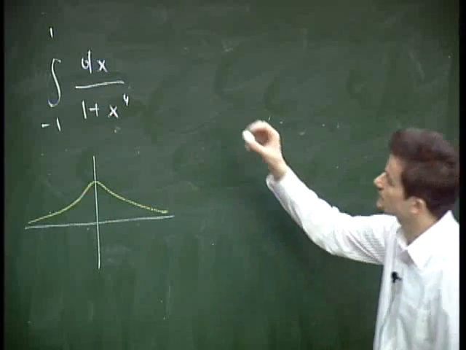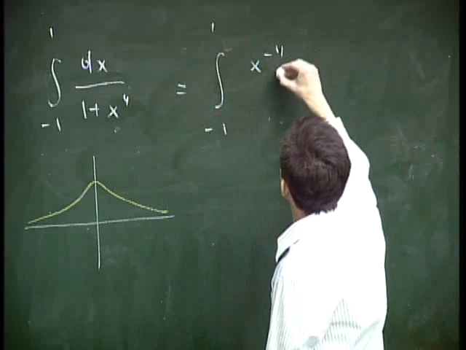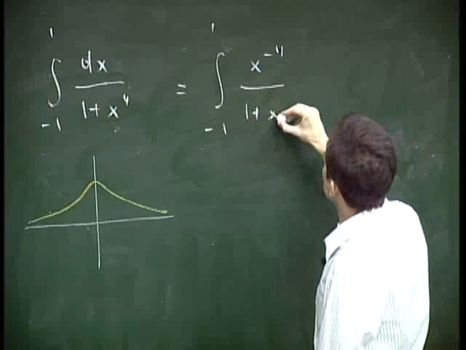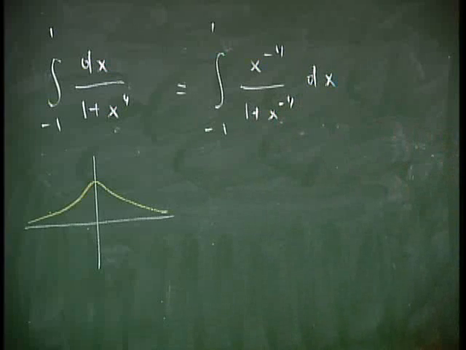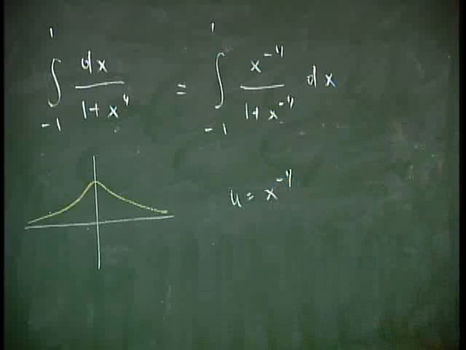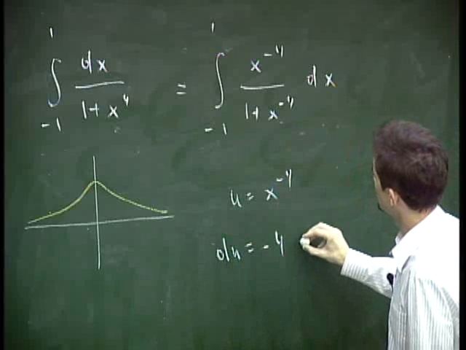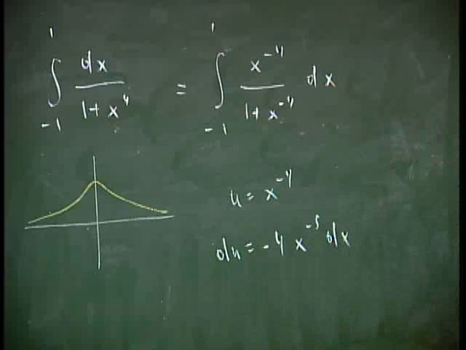Now observe this. Let's write this as x to the minus 4 over 1 plus x to the minus 4 dx, and use the substitution u equal to x to the minus 4. You see that du is equal to minus 4 x to the minus 5 dx.